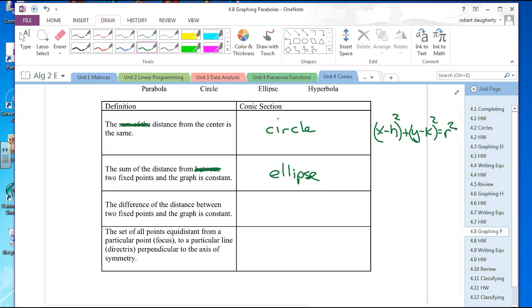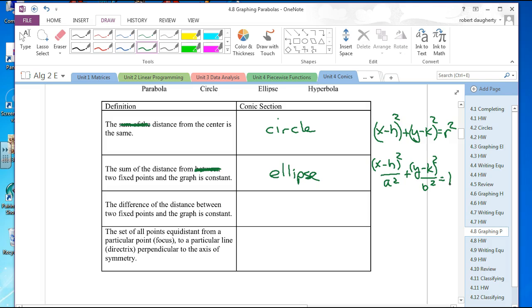The ellipse was what? (x - h)^2 / a^2 + (y - k)^2 / b^2 = 1. What makes that horizontal? A is bigger. What makes it vertical? B is bigger, okay?